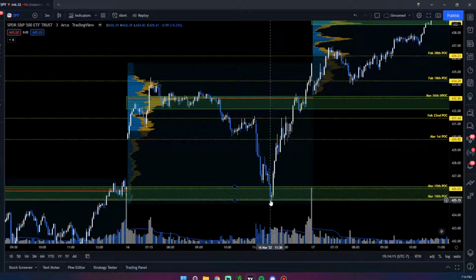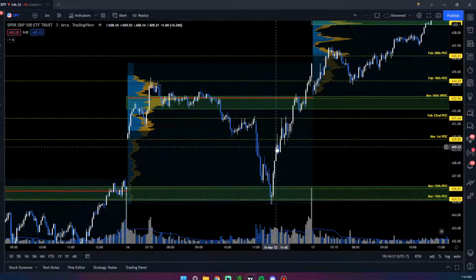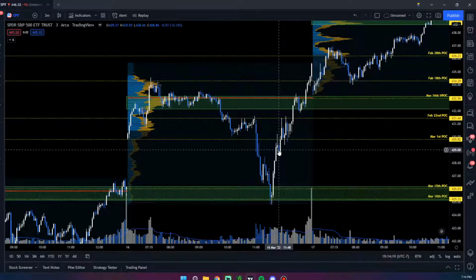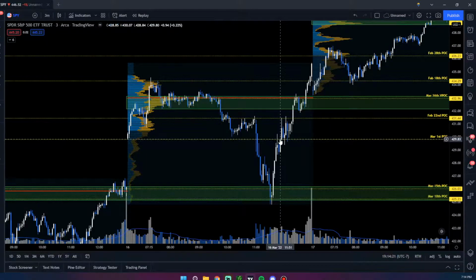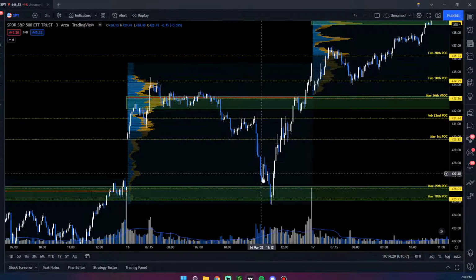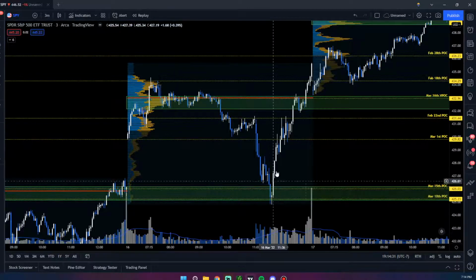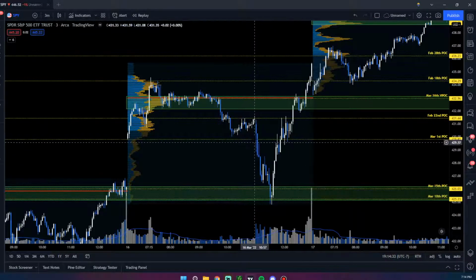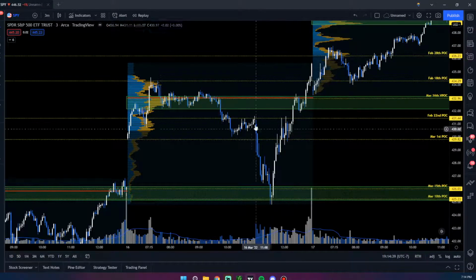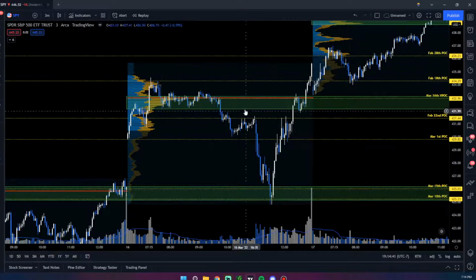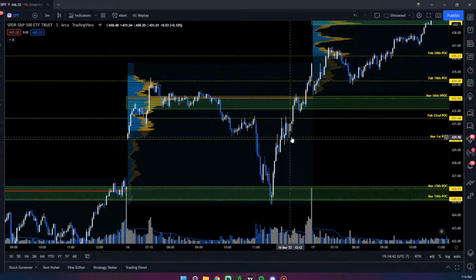Then when we come back to it, we reject off of it, cross through, but then there's selling pressure before we finally break through it. So even though these are major trending moves, down and up, you can see it's still being respected pretty well.